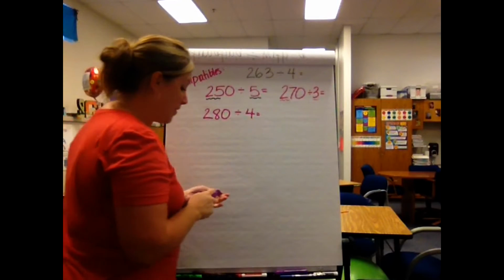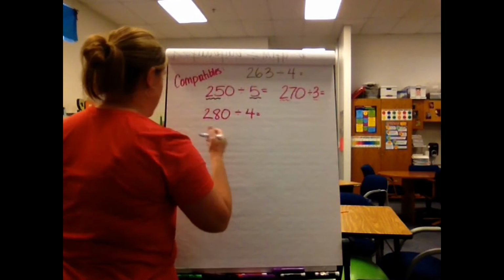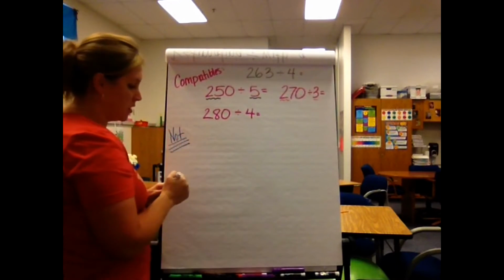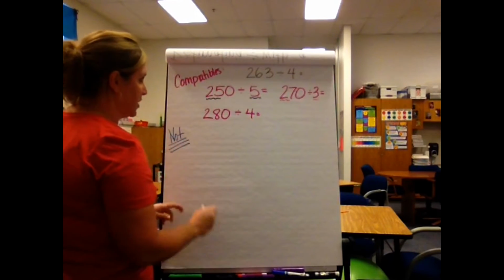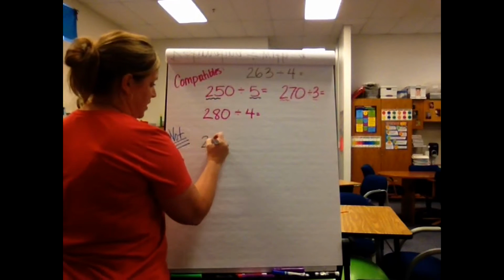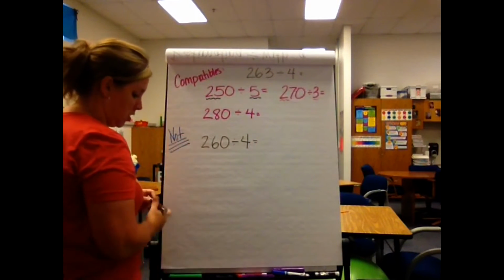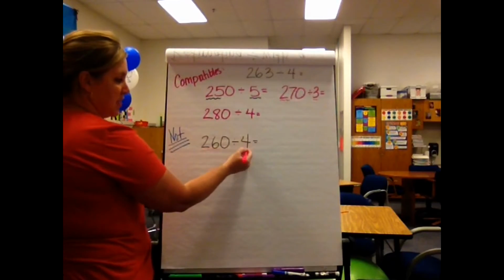Let's talk about the polar opposite. What is not compatible? Not compatible numbers can be simply this: keeping 260 divided by 4. Can I divide 26 evenly by 4?